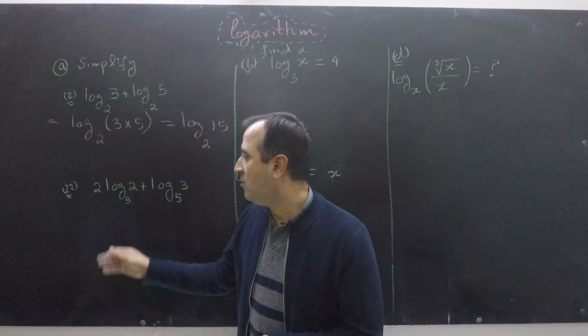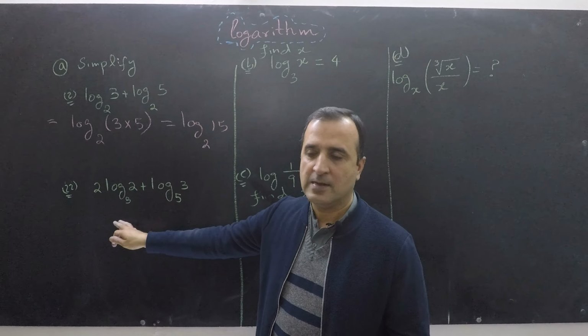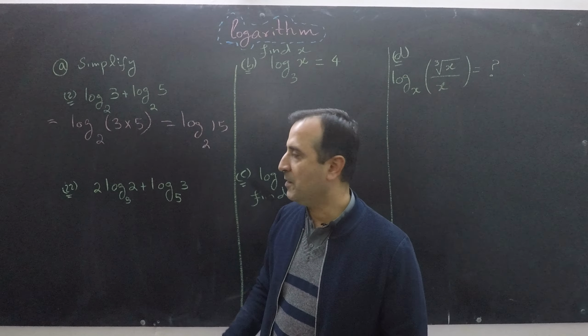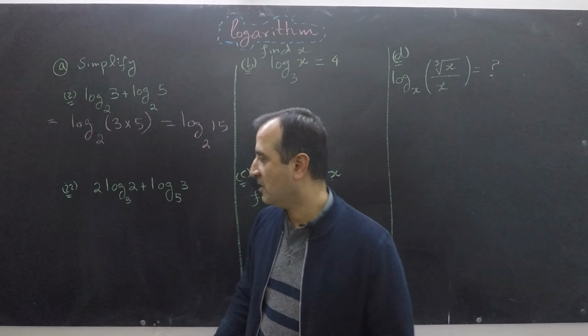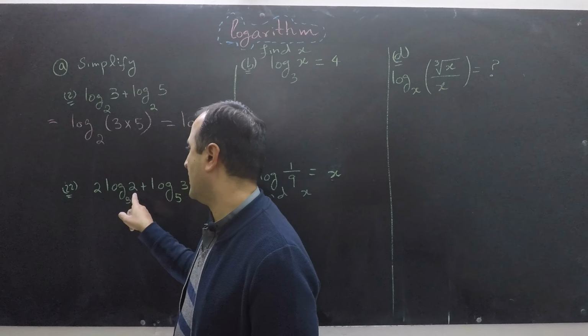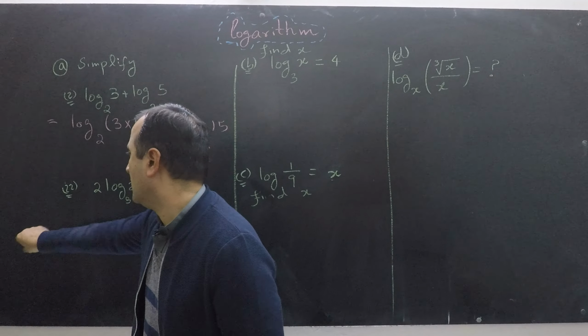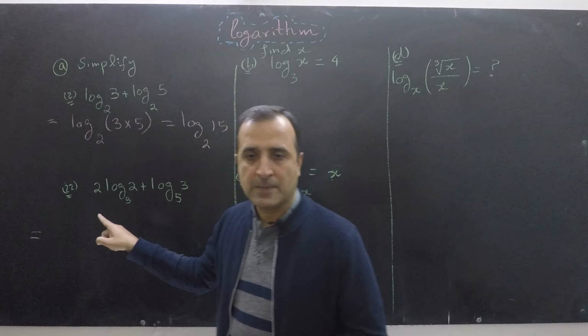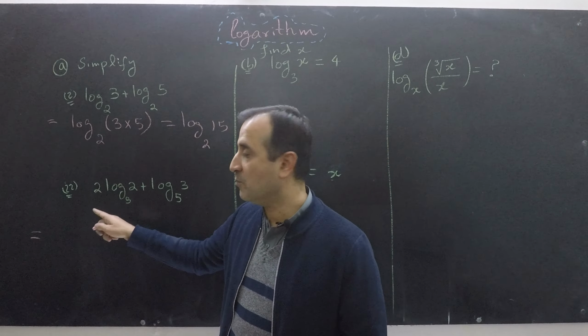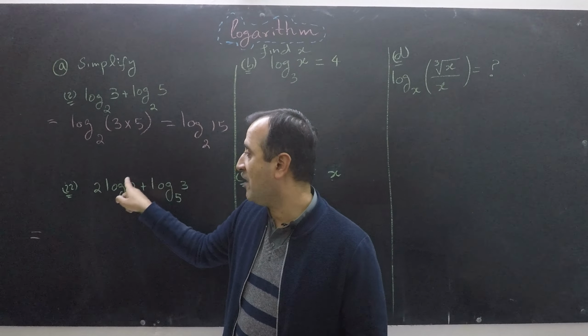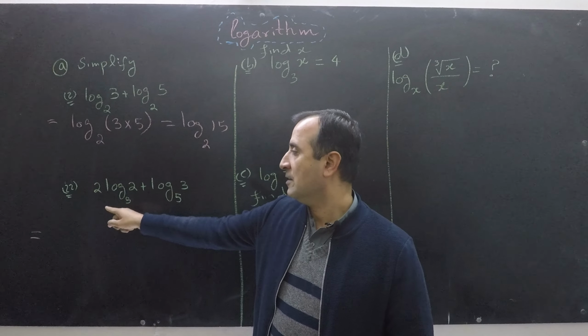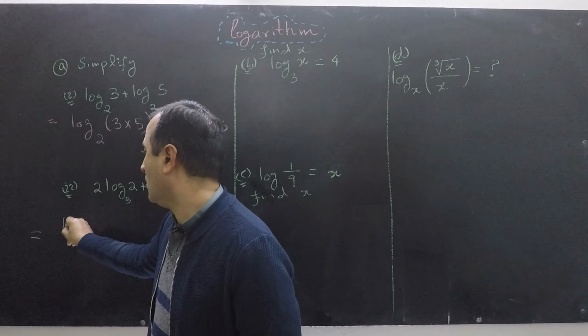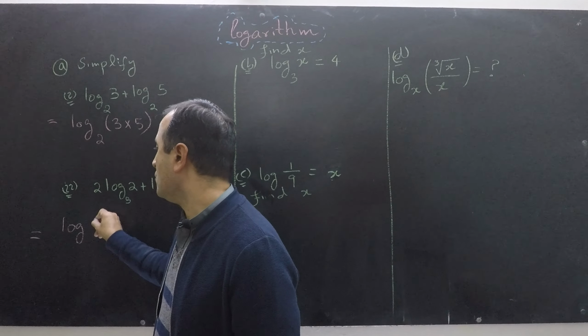Now similarly we have to simplify this one, and in this one we will use maybe 2 different rules. So let's see what rules are. First, because of the power rule I can take this as a power of 2, right? So I can write this as log 2 raised to power 2.